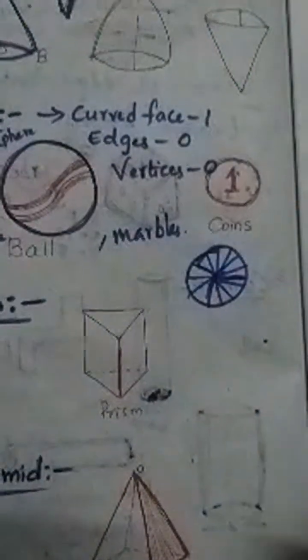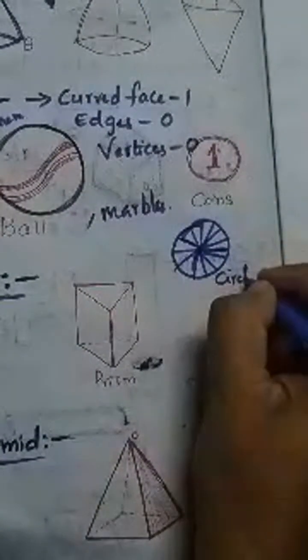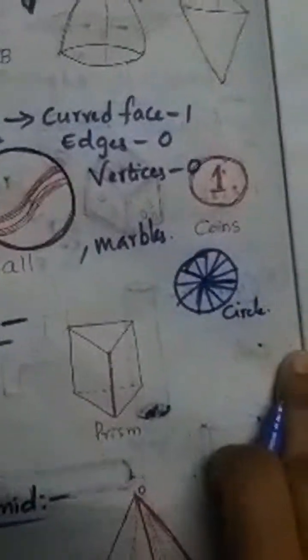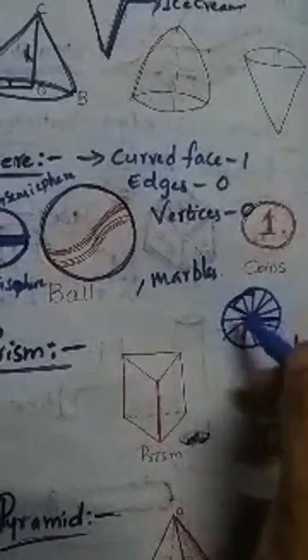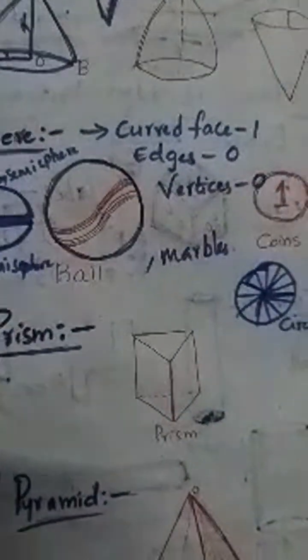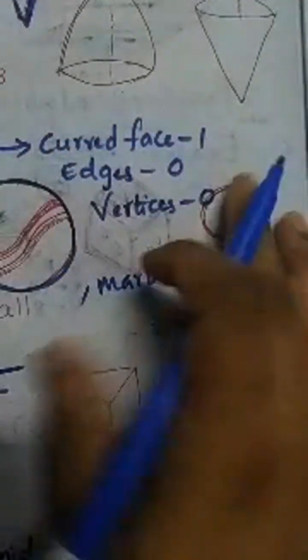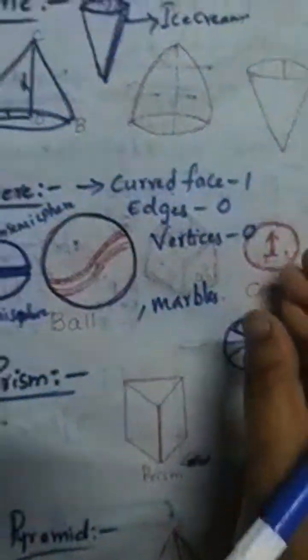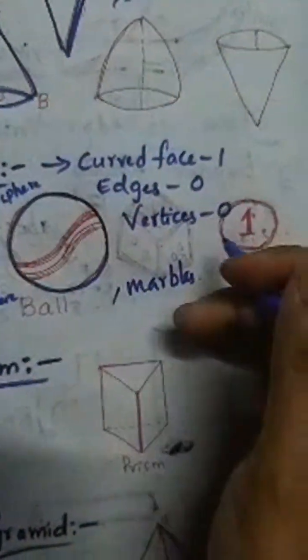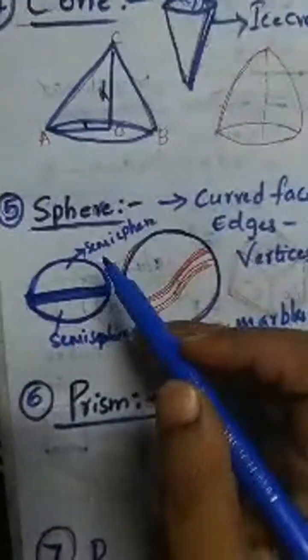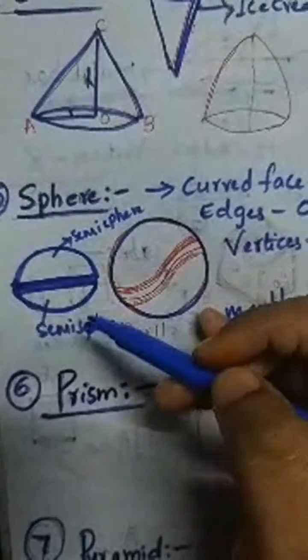Okay, a circle has equal distance from the center of the circle. So a circle is nothing but a sphere only. No edges, no vertices. For example, a balloon, or take a watermelon. Watermelon cut into half, then we get a semi sphere shape.